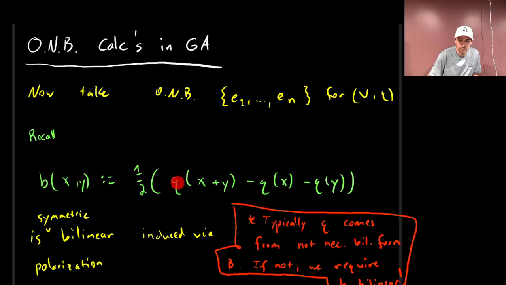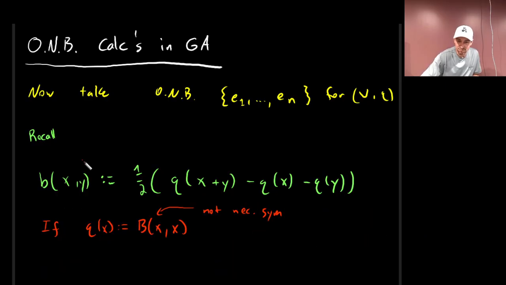The properties of a quadratic form by themselves won't make this thing linear in each argument. So here's how, if we have this not necessarily symmetric capital B, this is how Q is defined.